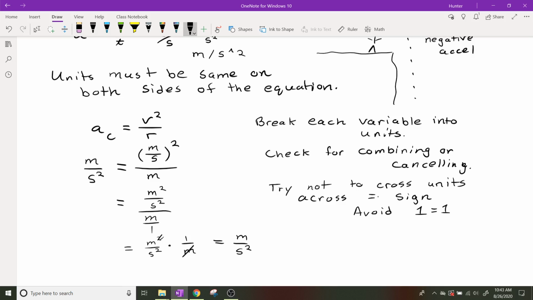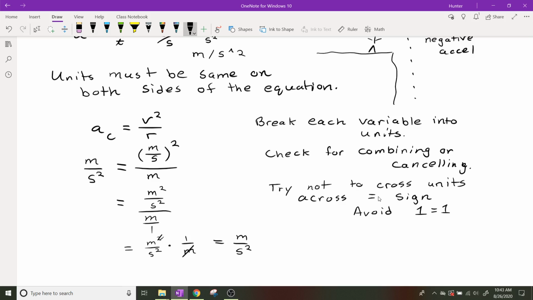But this isn't 1 = 1. This is meters per second squared equals meters per second squared. Yeah, y'all aren't wrong. I'm not disagreeing with y'all. I'm just saying that as a physics person, I prefer to see the units rather than just the number 1 = 1. Okay? And I agree with you, you're not doing anything wrong, because that one is equal to 1.